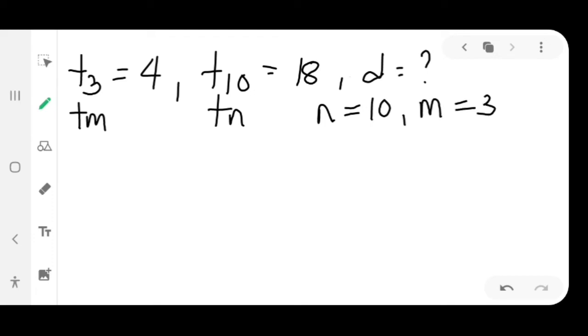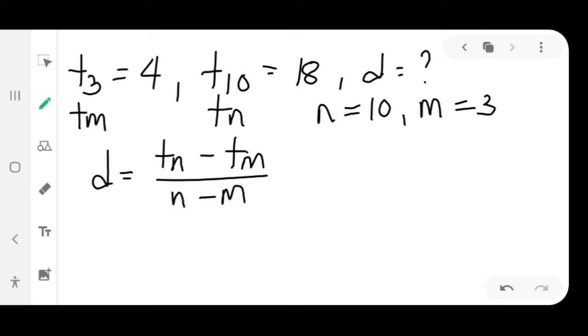Now using the derived formula for the common difference, we are going to substitute the given values. So we have d is equal to t sub n minus t sub m all over n minus m.